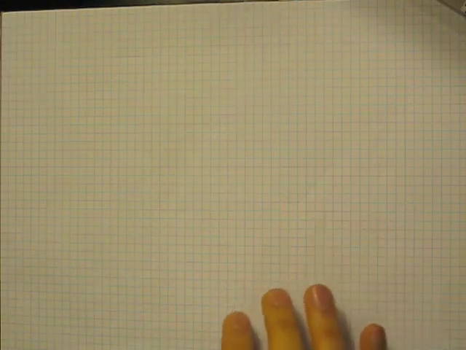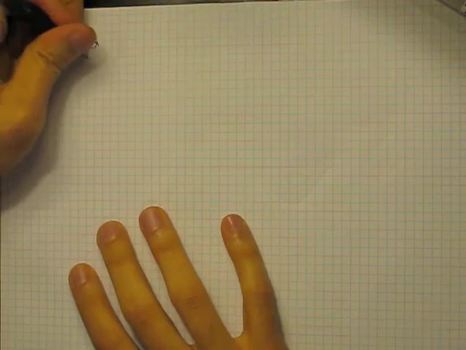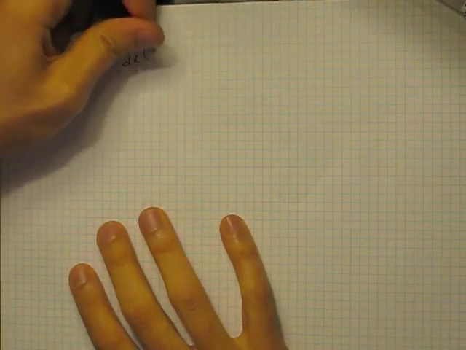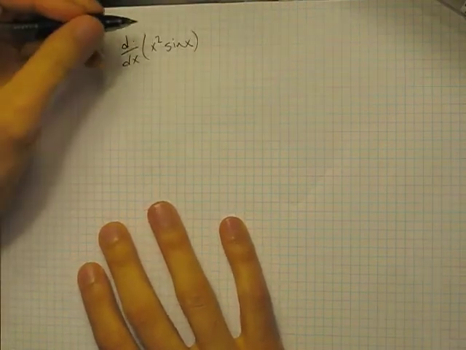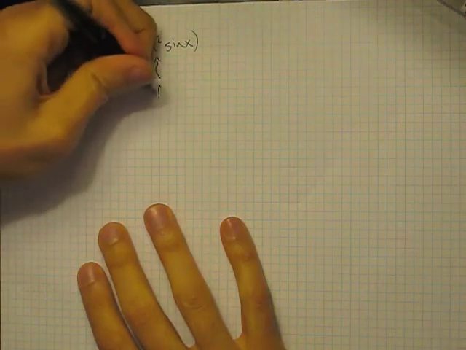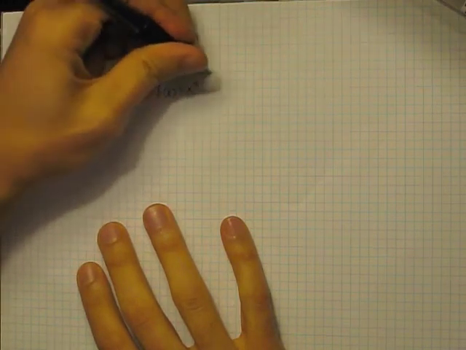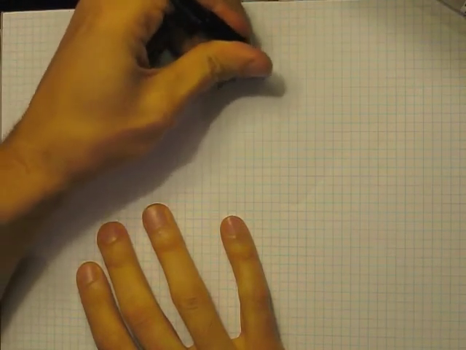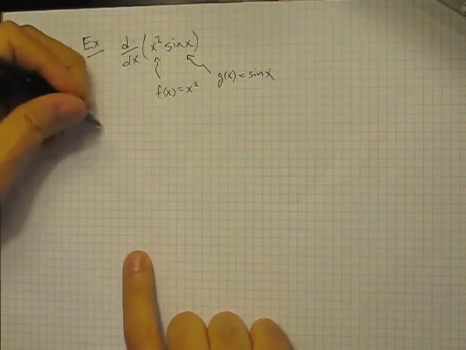All right, so suppose we wanted to compute the derivative of the function, let's say x squared times sine of x. So this is a product of two functions. It's one function here, f of x is x squared, and then another function here, g, is the sine function. So if we apply the product rule, then we know how to do this.